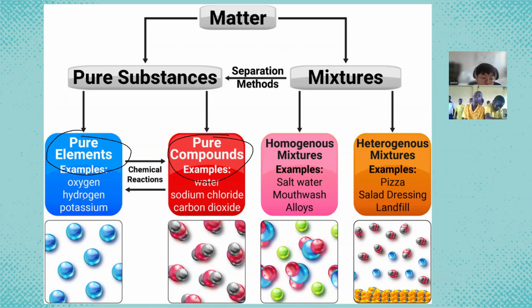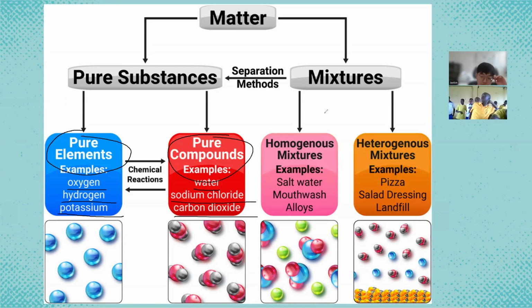Pure elements consist of one type of atom, like oxygen, hydrogen, potassium. There are compounds like water, sodium chloride, and carbon dioxide. These are pure compounds, meaning they are made up of only one type of compound.